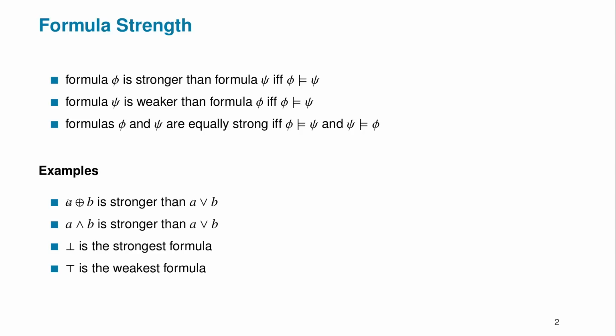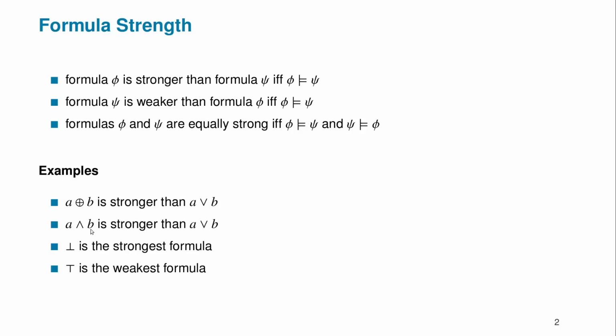Because A or B is true when A is true and B is false, or when A is false and B is true, and in both cases A or B is true.